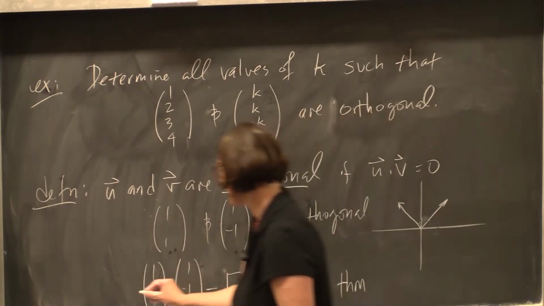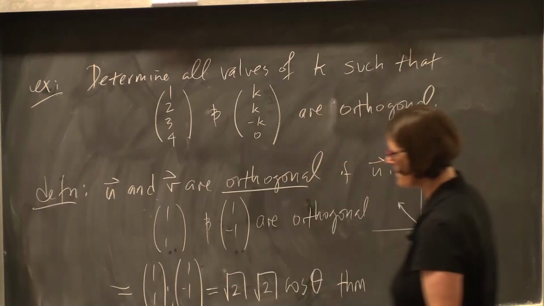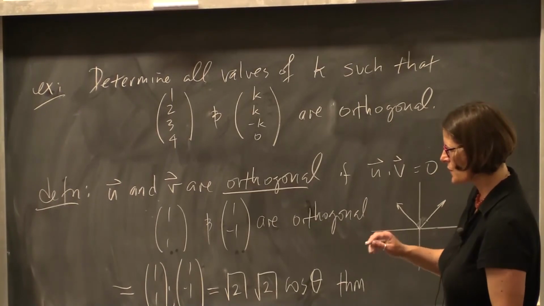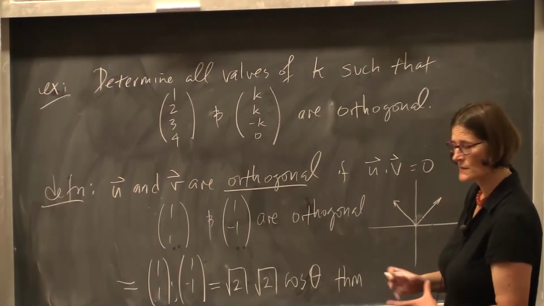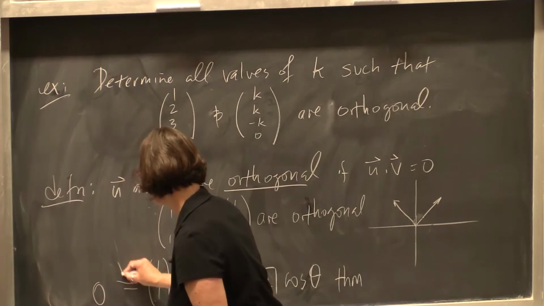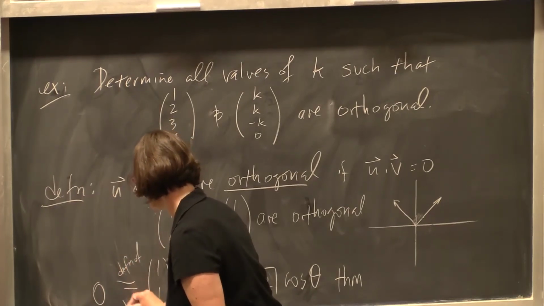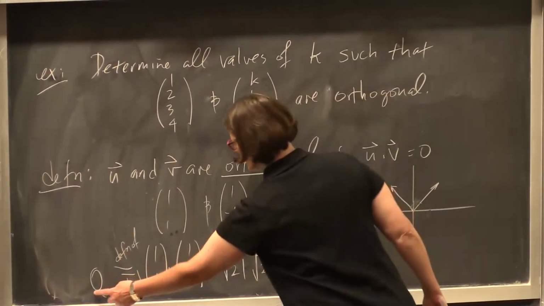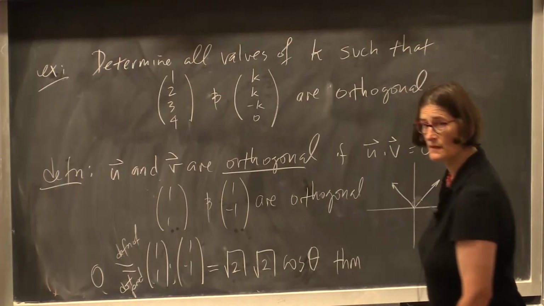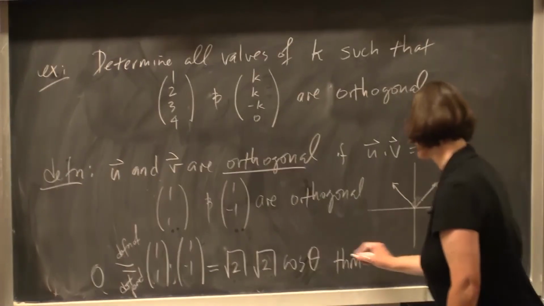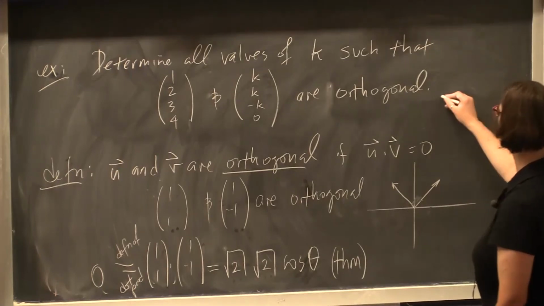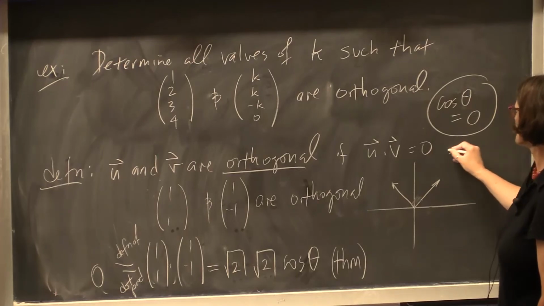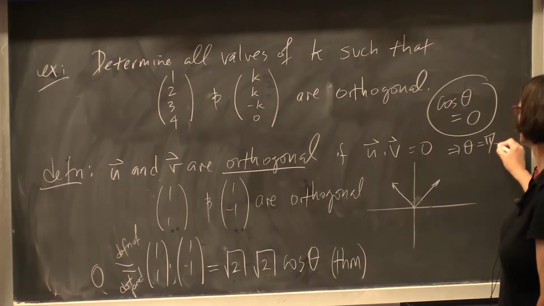On the other hand, by the definition of the dot product, what does that thing equal? 1 times 1 plus 1 times minus 1, which equals 0. So we've got that 0 is equal to root 2 times cos theta. So that forces cos theta equals 0. And so that tells us that theta is equal to pi over 2.